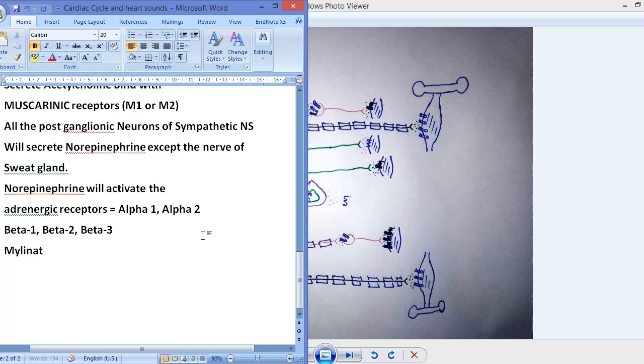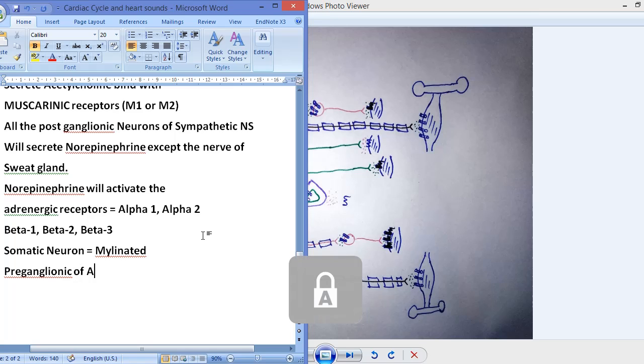The somatic neuron will be highly myelinated, while the postganglionic neuron of the autonomic nervous system will be non-myelinated or unmyelinated.